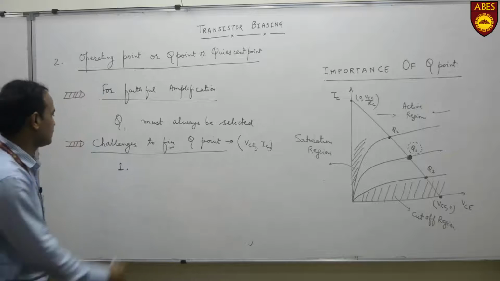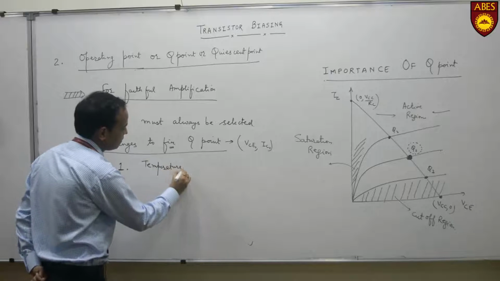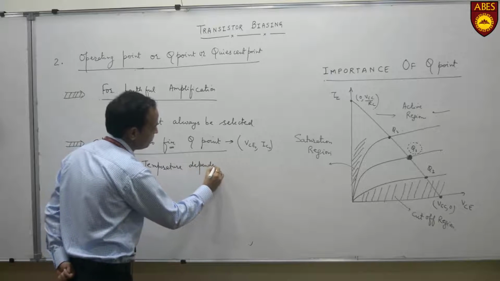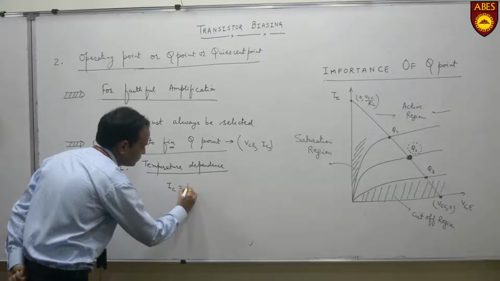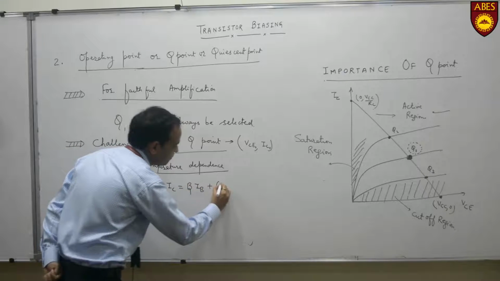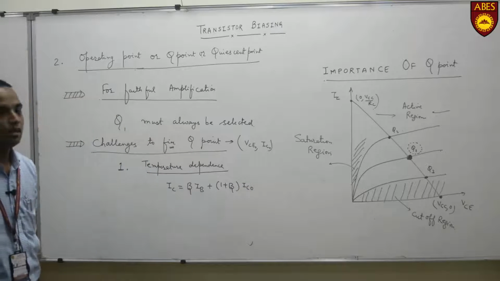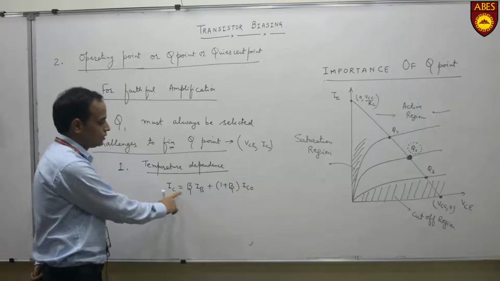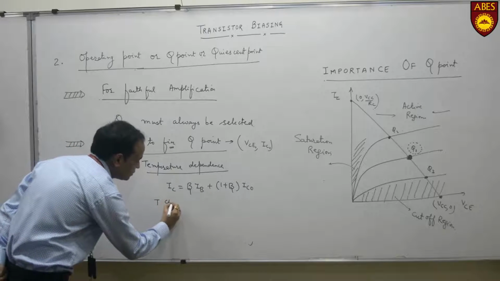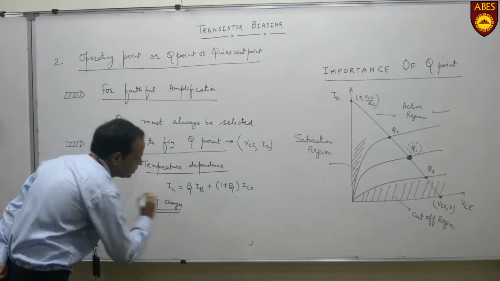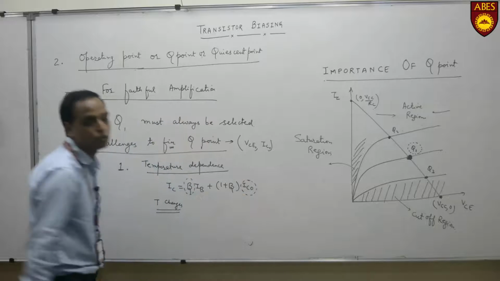The first challenge is temperature dependency. Now this is a relation which gives a direct dependency of the collector current on beta and ICO. When temperature changes, these parameters beta and ICO also change. When these parameters change, IC changes.